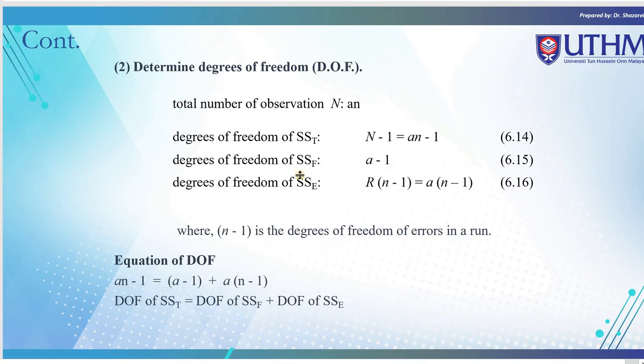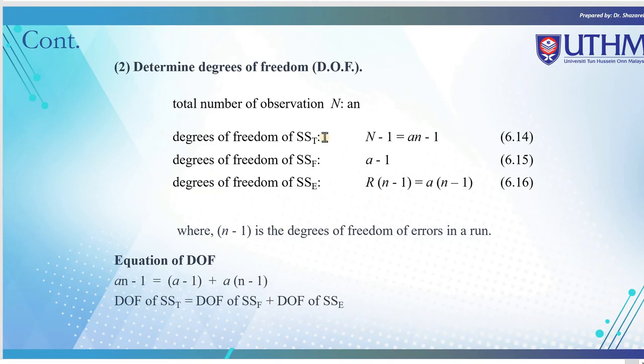The degree of freedom for the factor is A minus 1, where A is the total number of levels. And for SSE, it is A multiplied by N minus 1, where N is the replicates, so replicates minus 1 multiplied by the number of runs. So we get the degrees of freedom of the SSE.